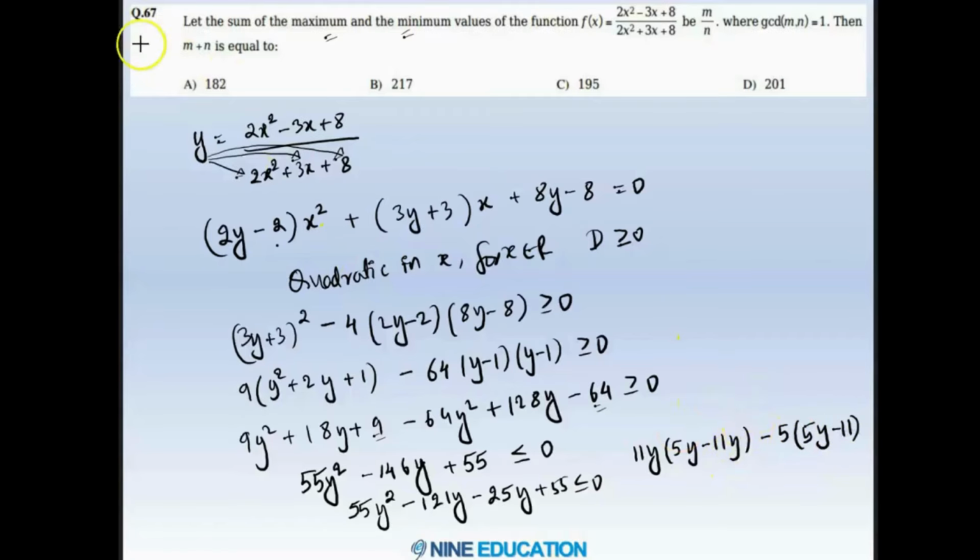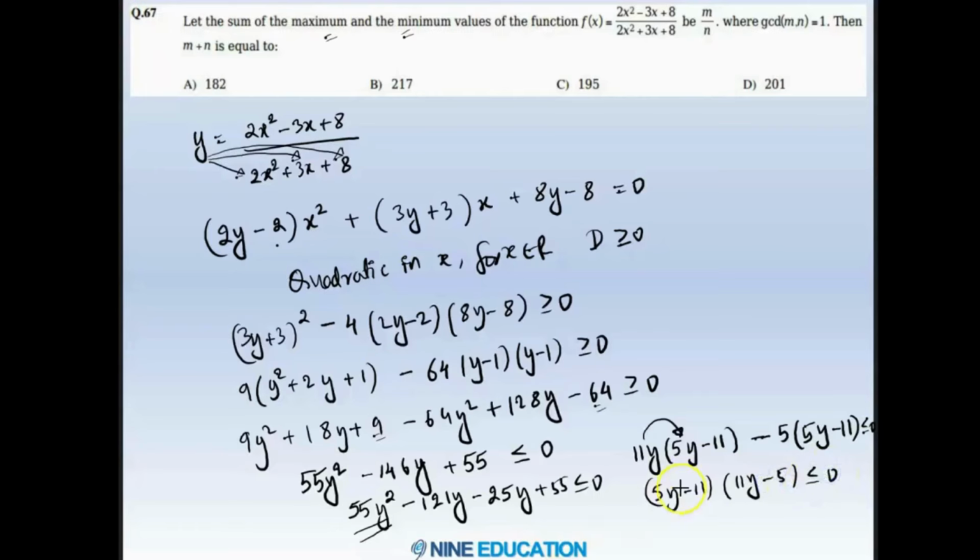In the first bracket it should not be 11y, it is just 11, because 11 into 5y will give 55y². The next term is 121y, for that only 11 is required. So this entire term has to be less than or equal to 0, which means I can say (5y − 11) common and (11y − 5) remaining, that has to be less than or equal to 0.